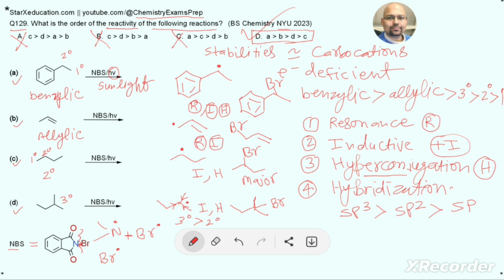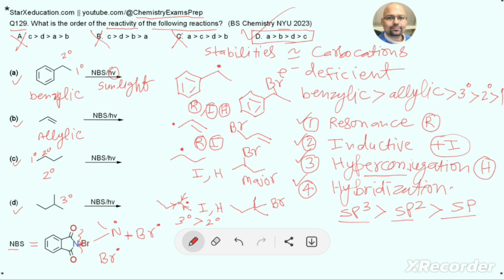There are 4 electronic effects that govern the stabilities. They are resonance effect, inductive effect, hyperconjugation, and hybridization of the carbon that bears the free radical. And the stabilities for hybridization would be sp3 greater than sp2 and sp2 greater than the sp carbon.